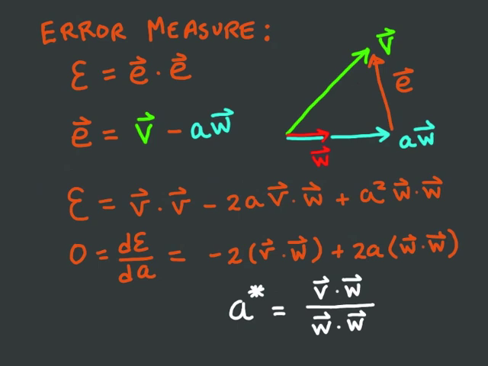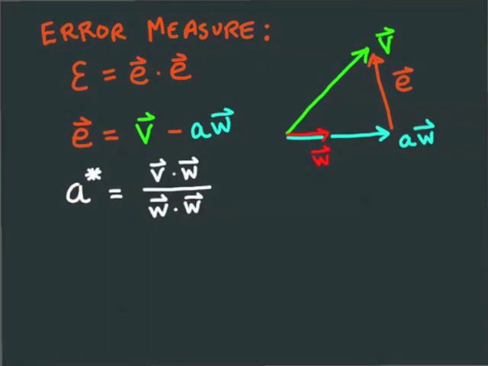So solving for the value of a which makes that true, we find a star is equal to v dotted with w over w dotted with w. That value of a is what we should multiply w by so as to make a times w as close as possible to v.